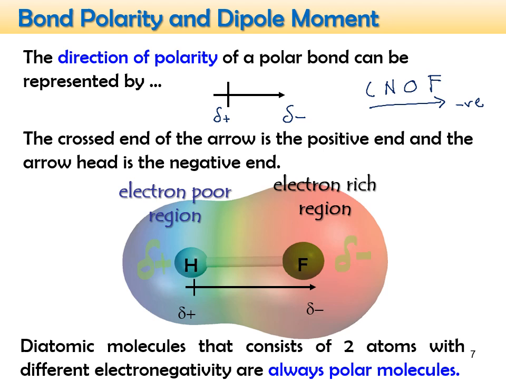For your hydrogen fluoride, you can represent it with this arrow. The cross end of the arrow shows the partially positive end, and the arrowhead shows the negative end, or partially negative side, of your molecule.